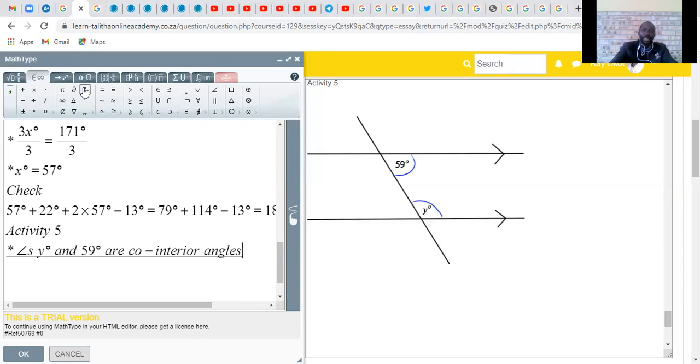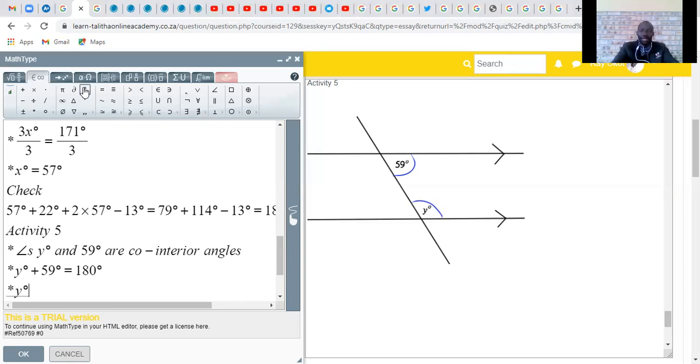Because of that, we can express this claim in a mathematical formula so that we get y in degrees plus 59 in degrees to give us 180. Now we can calculate the value of y if we isolate y on one side of the equal sign.